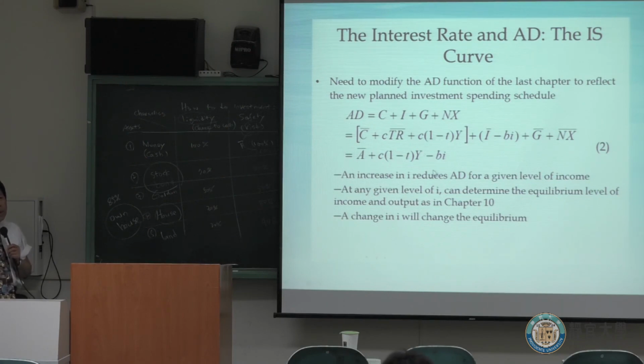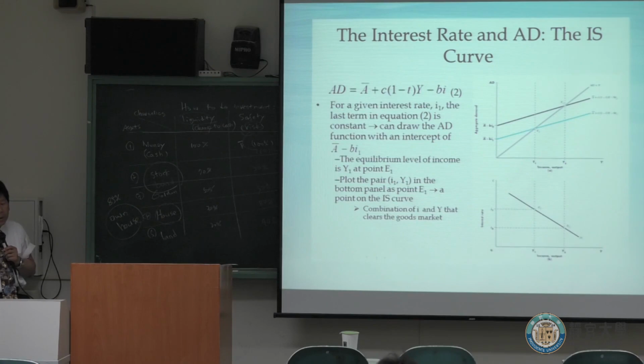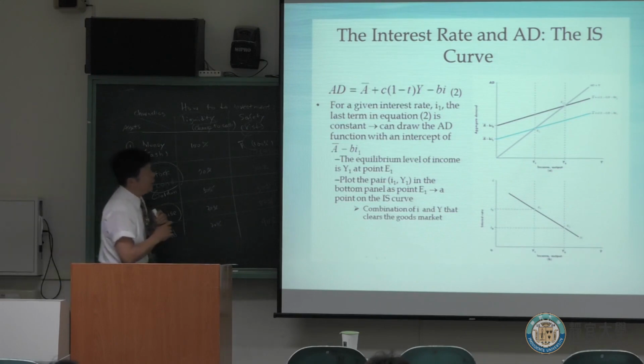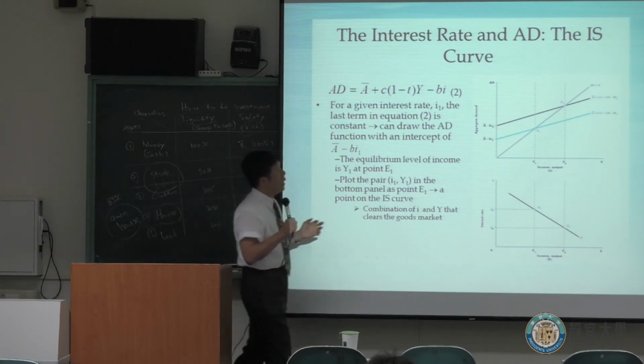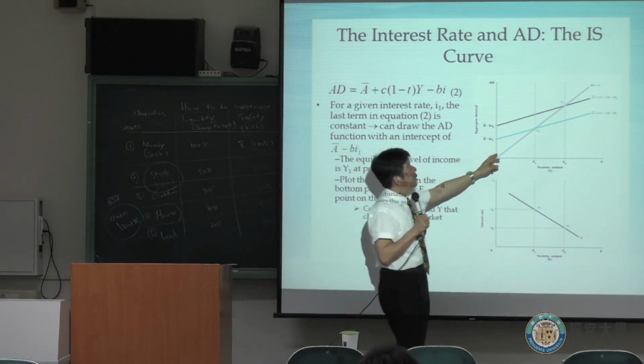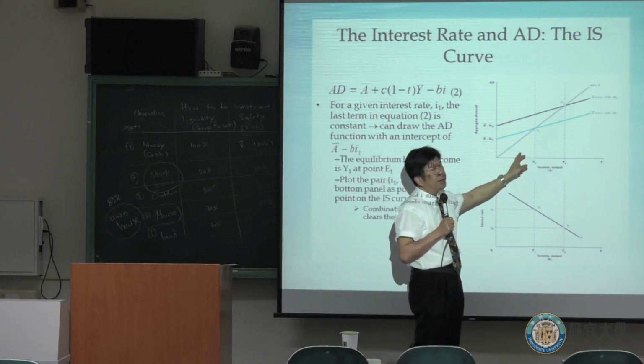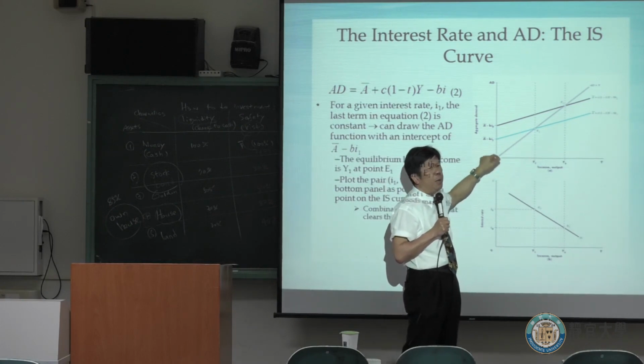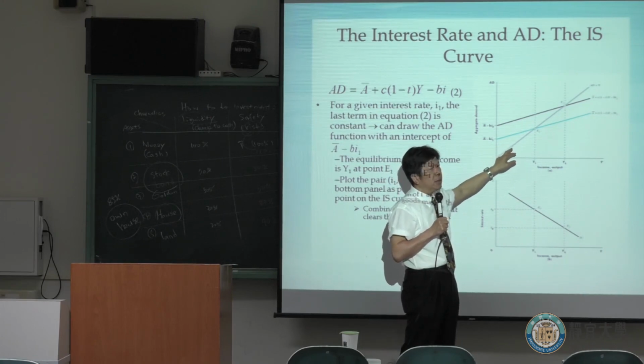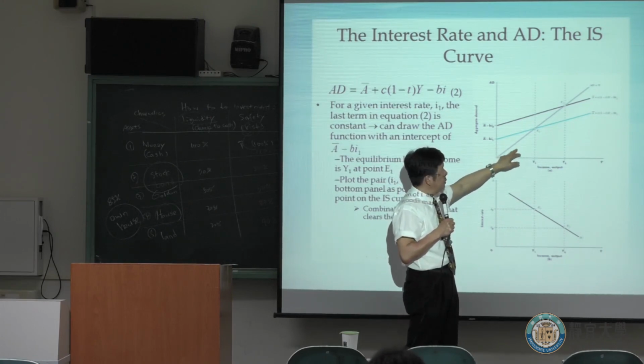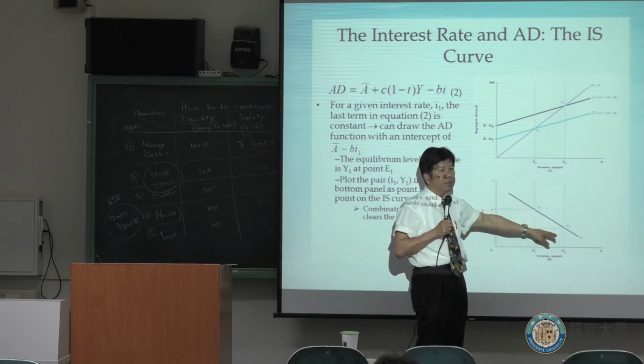You can go back and see this again, and after that you can have this curve. This means we can use this 45 degree line. Actually, this is for the commodity market, and then we can find the IS curve.